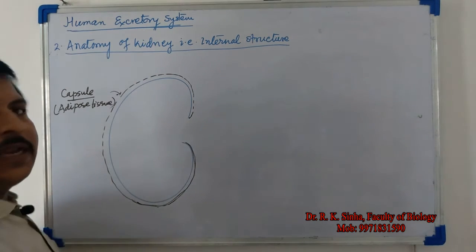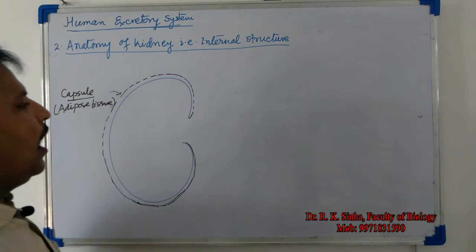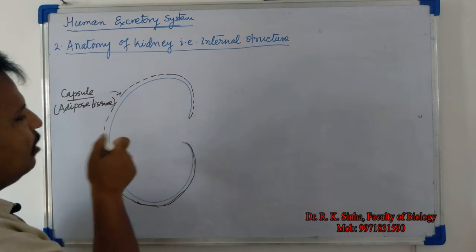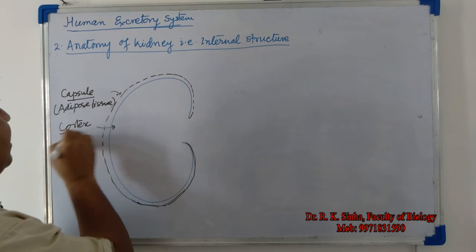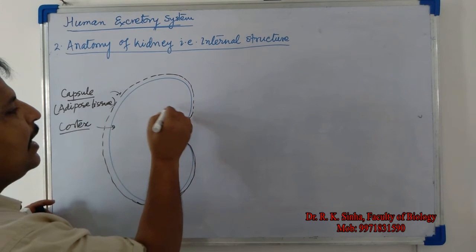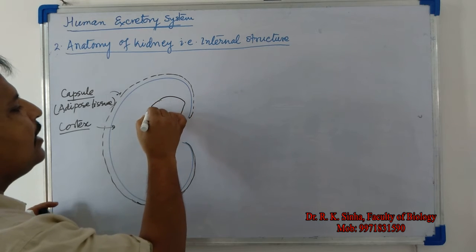The internal structure is divided into many pyramidal shaped structures, and due to depression of the cortex, this is the cortex part, and when this cortex invaginates, it will separate the medullary part into many structures.